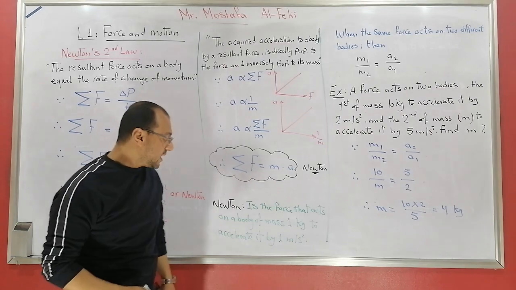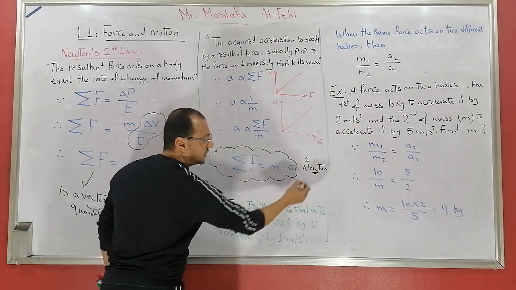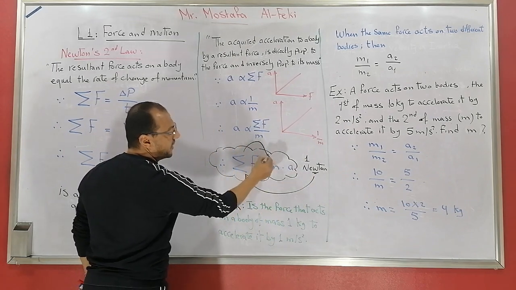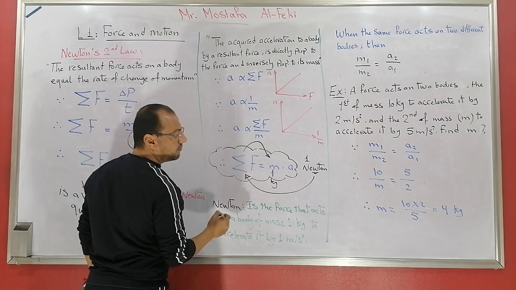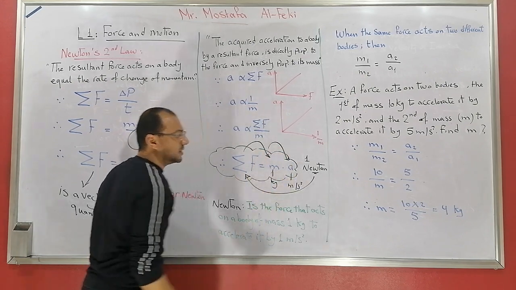By the way, what is meant by 1 Newton? Newton is the force that, when it acts on a body of mass 1 kilogram, accelerates it by 1 meter per second square.